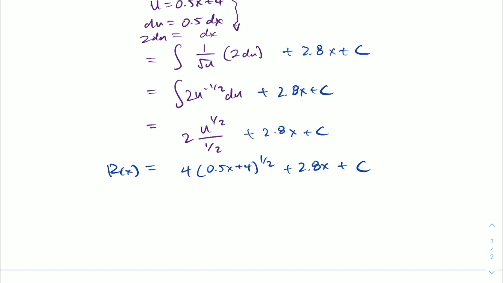And now we need to find c. We need to find this c using the fact that r of 0 is 0. So if we put 0 in for x, we should get out 0.